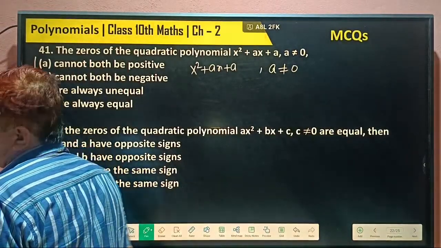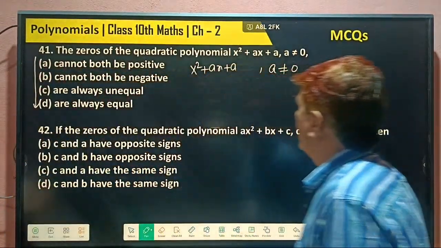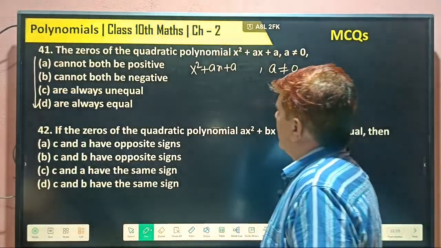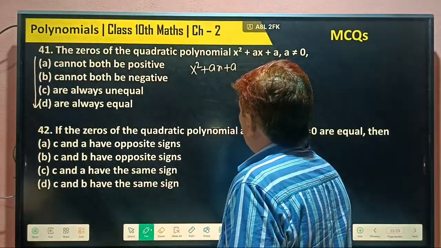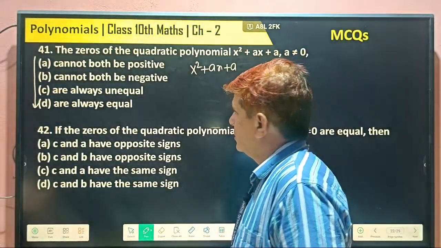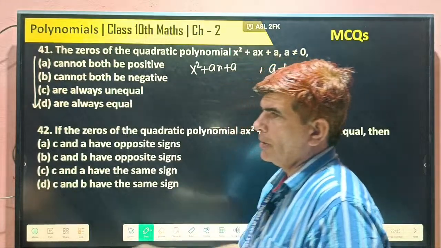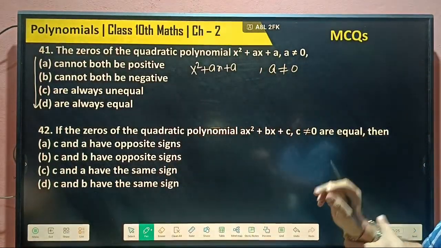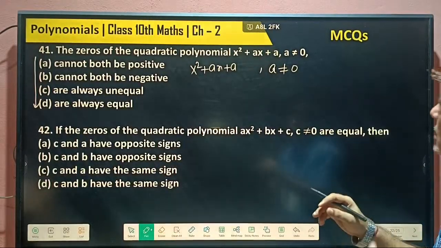How can you solve it? Once again, read it: the zeros of the quadratic polynomial x square plus ax plus a.